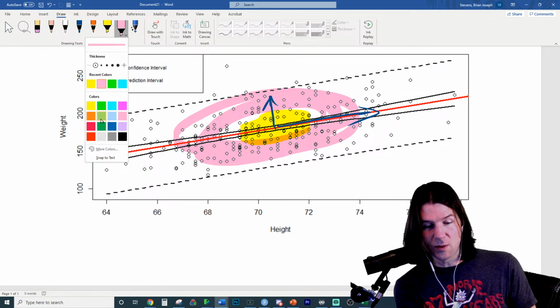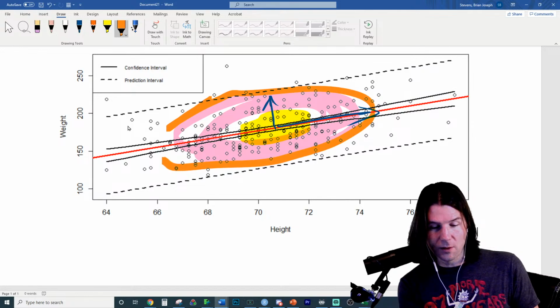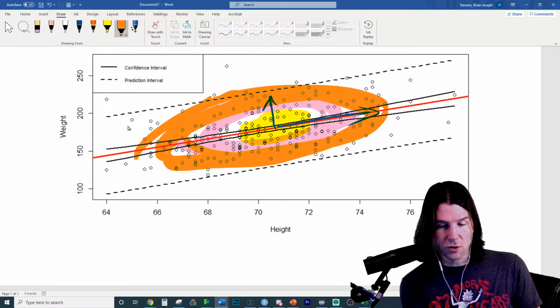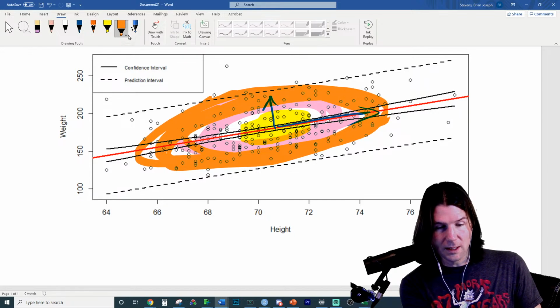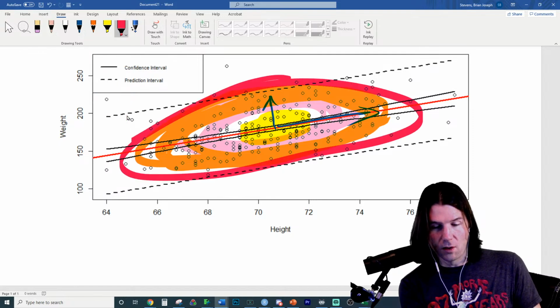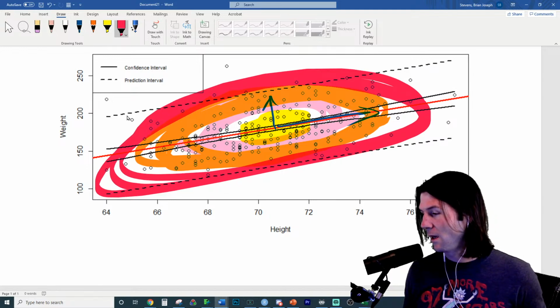We don't need to go into great detail, but it should be known that the further out you go in this multidimensional cloud, which depends on how many variables you have, the more you're extrapolating. So by the time you get out here, you're extrapolating a whole bunch. And then if you leave the X space, does that kind of make sense?